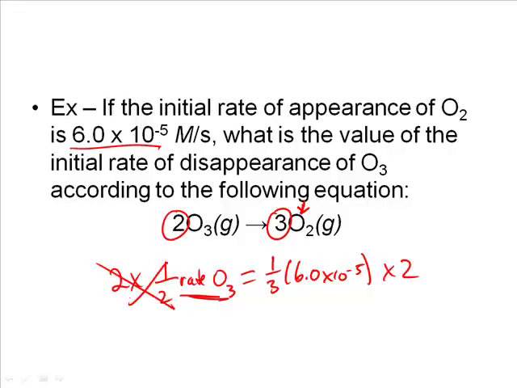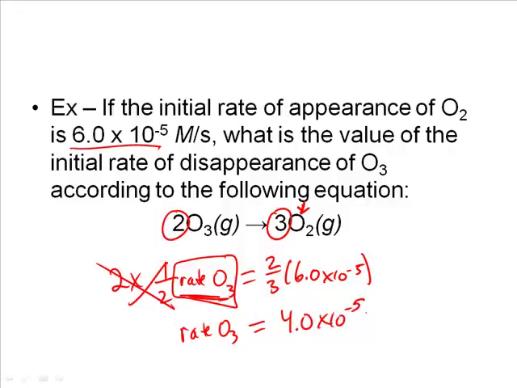So that's gone. So the rate of O3 is equal to, now 1/3 times 2 is just 2/3, so we could change that 1 to that 2, is 2/3 of 6 times 10 to the negative 5th. So the rate of O3 equals 2/3 of 6 is 4, so 4 times 10 to the negative 5th molar per second.